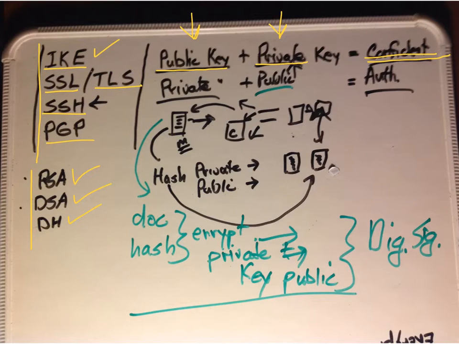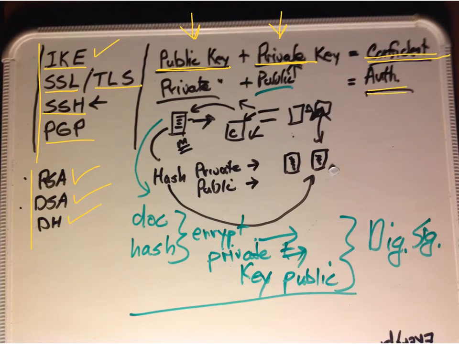That's our biggest concern here in this course. We're talking about transit, but even the data sitting in storage or the data being processed. We can think about those three, but here we're thinking about data in transit. So encrypt with the public key, decrypt with the private key.